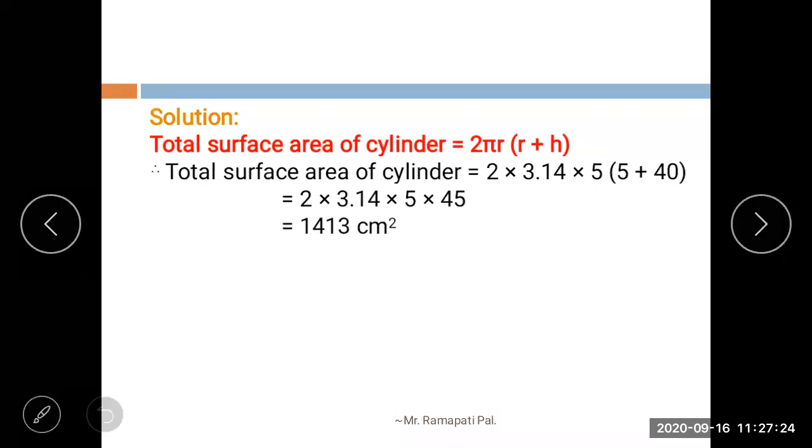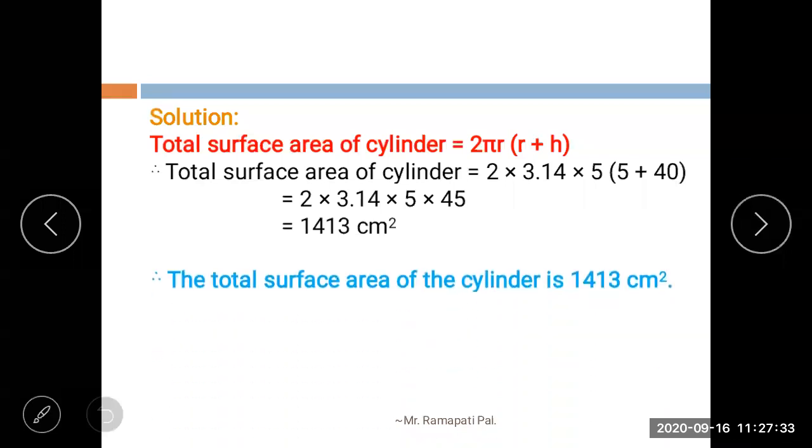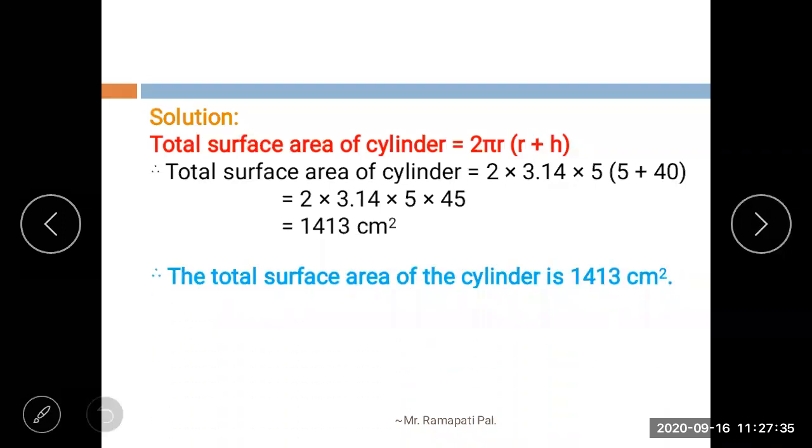Therefore, the total surface area of the cylinder is 1413 centimeter square. Is it clear? Sure? Any doubt? If no doubt, then write down, everyone, that you understood.